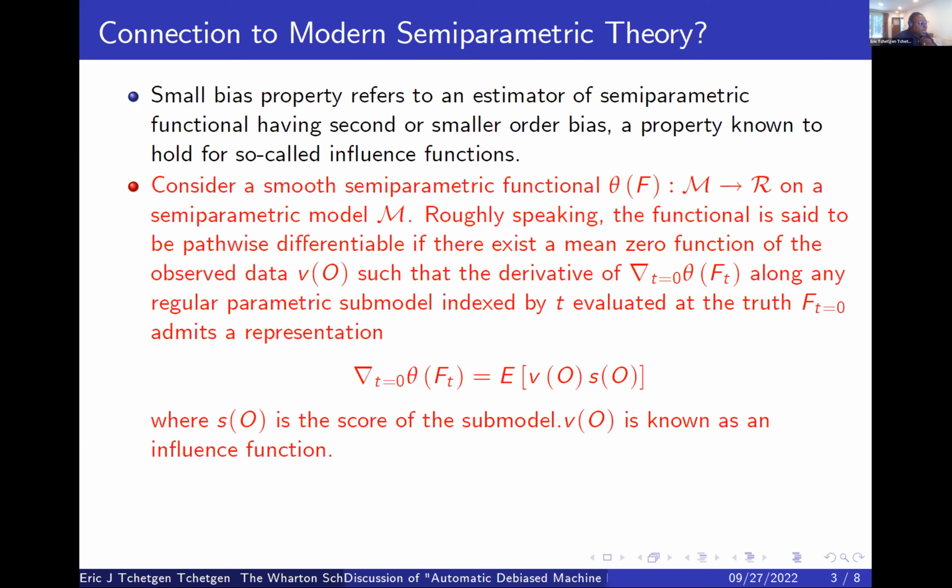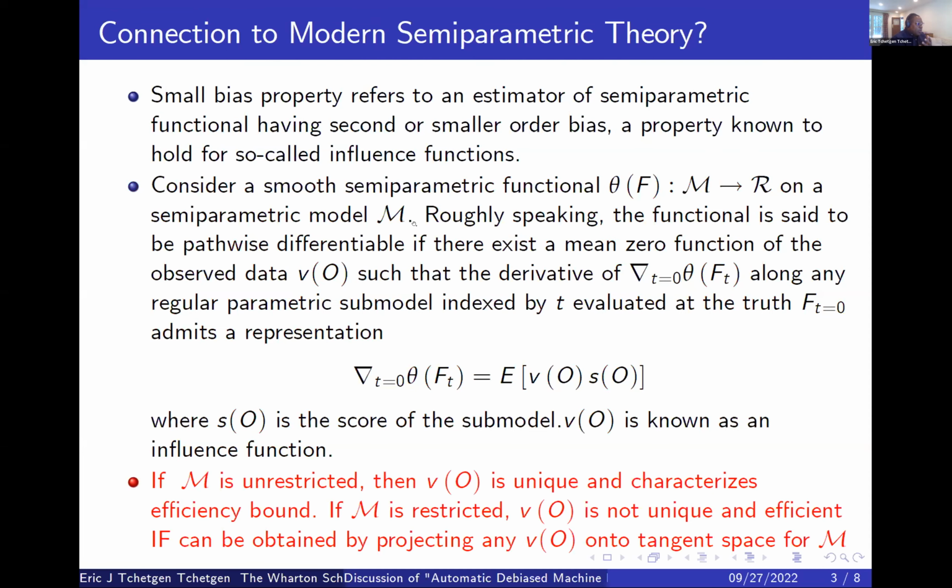Roughly speaking, without going into the details, you take the derivative of your functional with respect to a path, a collection of paths in your model, and you look for a representation such that the derivative can be represented as a score under that semi-parametric model, multiplied by a choice, this object V of O. V of O is known as an influence function, an object that satisfies this equation. If M, the semi-parametric model, is unrestricted, then V of O is unique and characterizes the efficiency bound for the model.